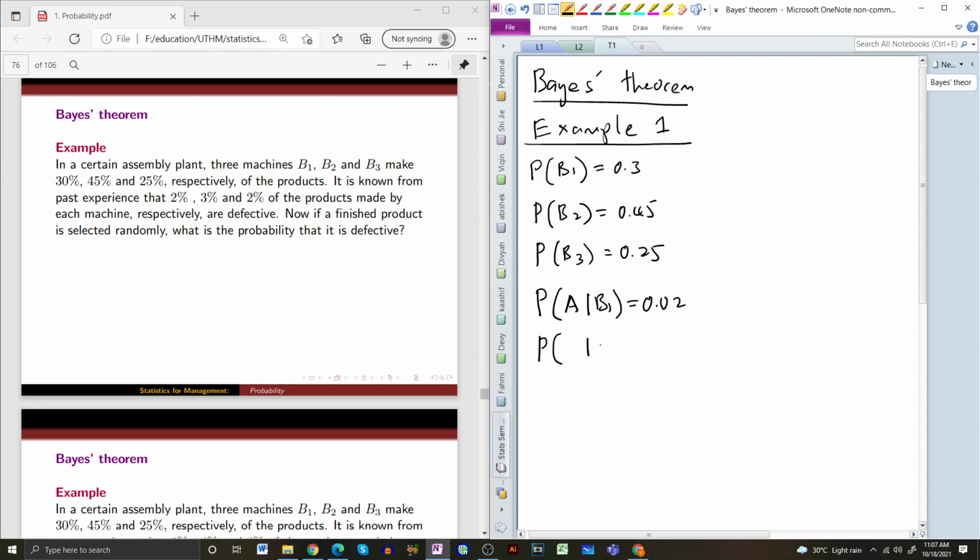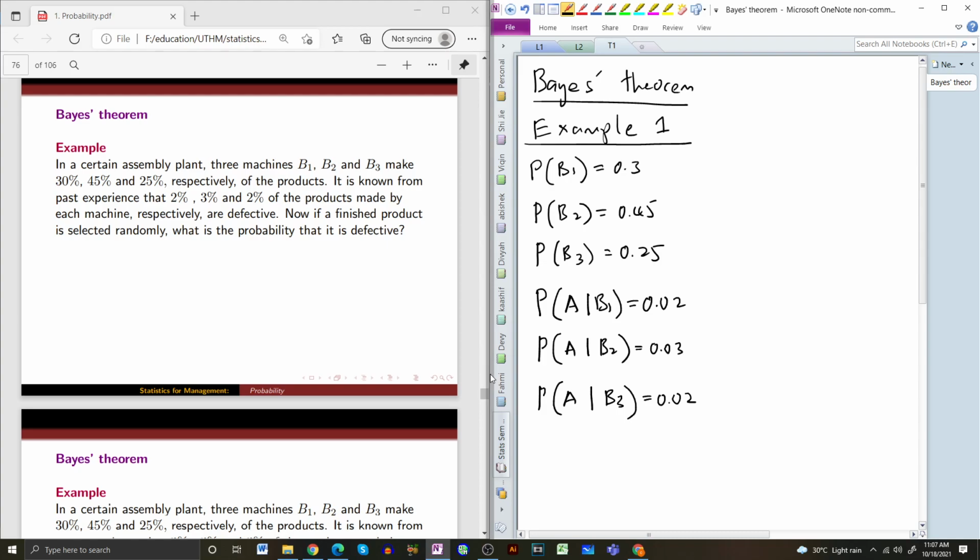The product is done by B2 and it is defective, I put here 0.03. The probability that it is done by B3 and it is defective is 0.02. So these are the information we get from this question.